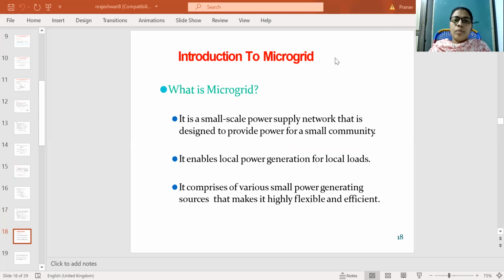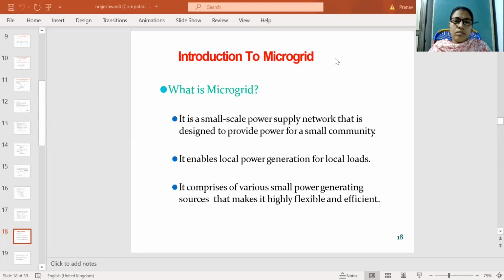For a small community, the power requirement will be distributed from small scale power supply networks. So that is called a microgrid.